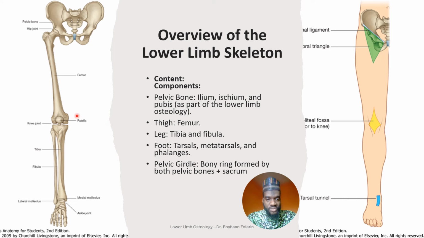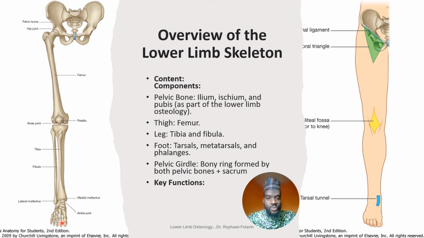Then you have the knee joint, where you also have an additional bone, the patella. In the leg region, you have two bones, the tibia and fibula. In the ankle region, you have the tarsal bones. Then in the foot proper, the metatarsals and the phalanges, which make up the digits of the toes.